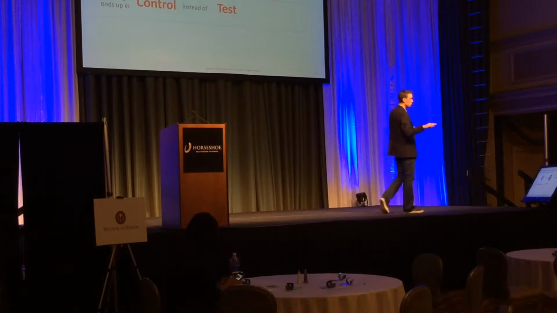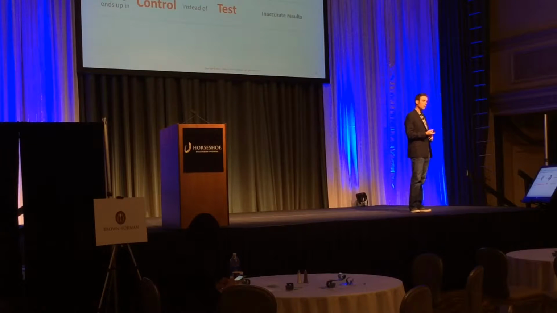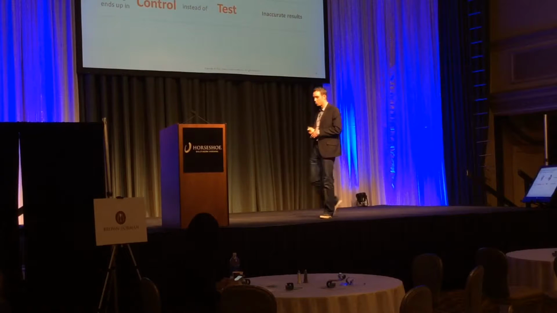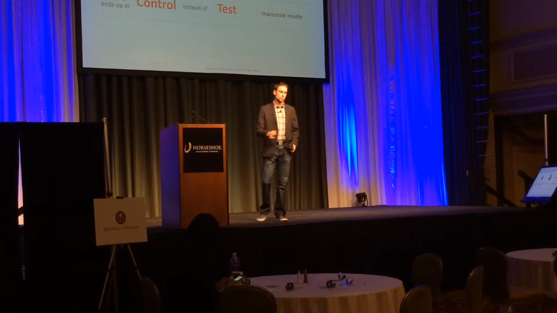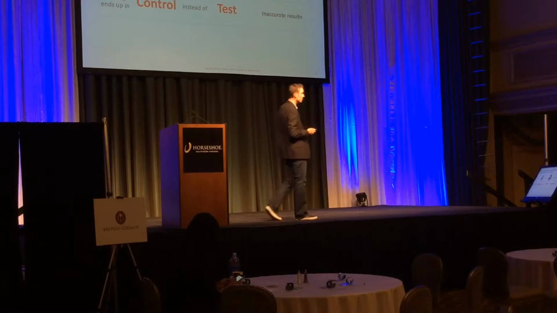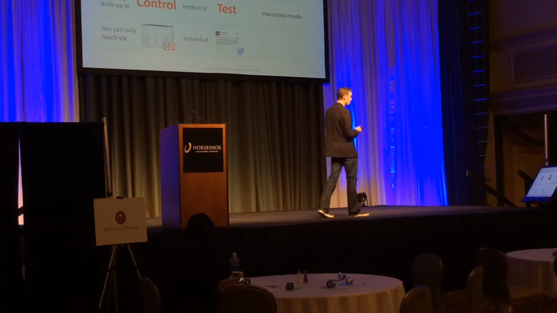Therefore, ruining that entire test and giving you inaccurate results. And so you can't measure something if you aren't doing the proper setup in advance. You might be making decisions around actions that occurred, but in actuality, your test and control groups got mixed up, and you were hitting people that should have been part of that control group.